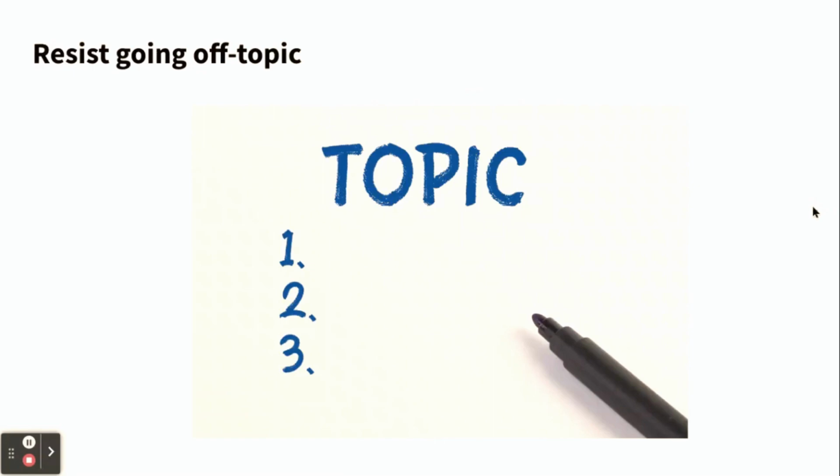Like we just talked about, resist going off topic. This would be another thing that would happen in revision. Read back through your essay and make sure you didn't suddenly just, I'm going to say, have a brain fart and suddenly talk about something else that's not dealing with whatever the topic was, whatever your essay was supposed to be on.